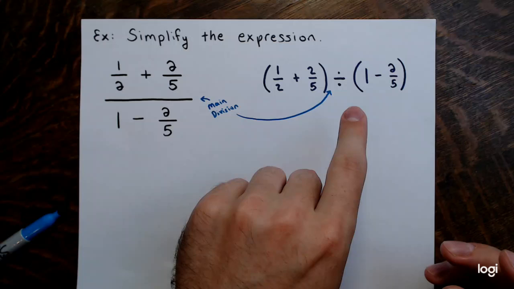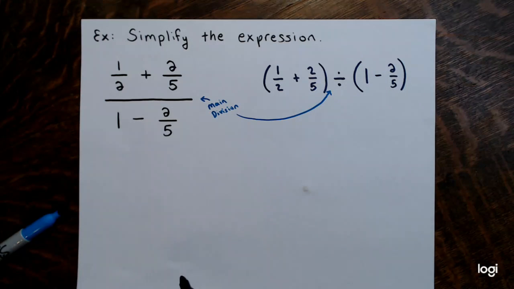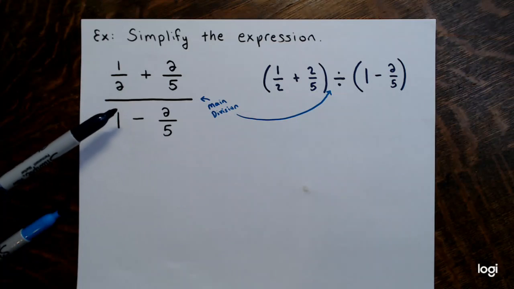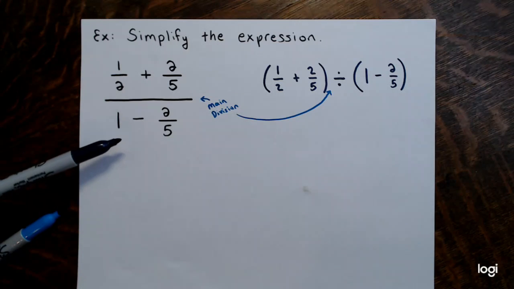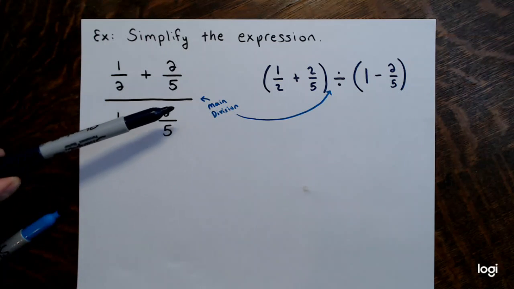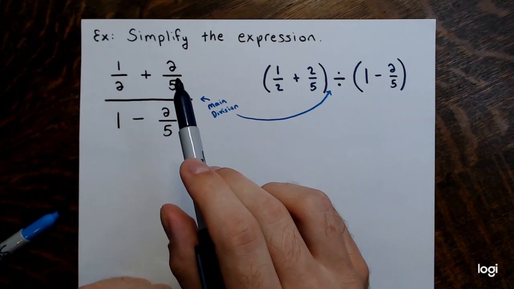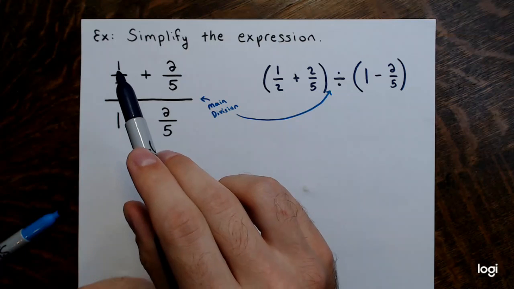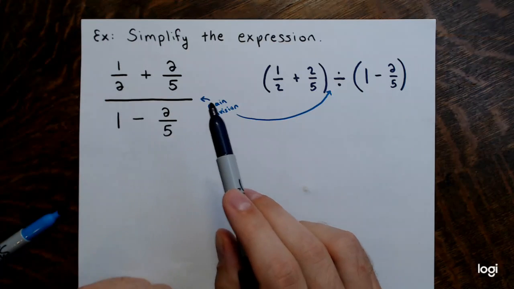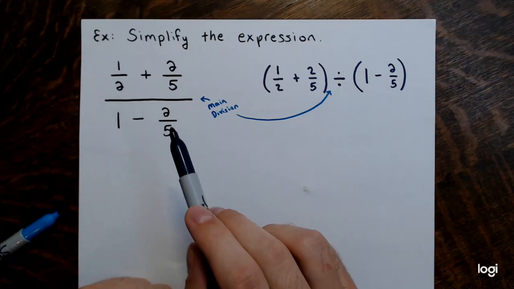These actually mean the same thing, but hopefully you can see why it would be called a complex fraction, because it is a fraction, right? You have a numerator and denominator above and below the main division bar, and then inside that numerator there are fractions as well, a fraction of 2/5, a fraction of 1/2. Inside the denominator there's a fraction 2/5.